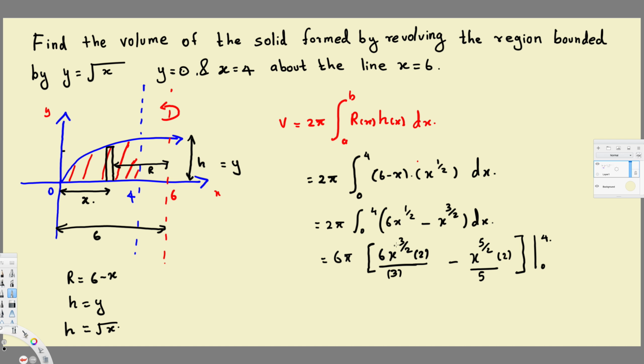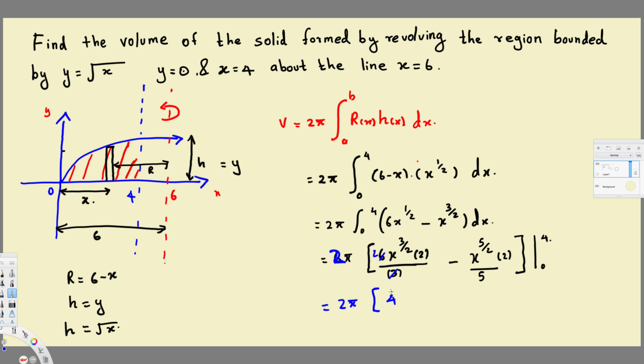Now let's plug the 4 and see what happens. So if I plug 4, this is actually 2 pi right here, 2 pi, and if I plug 4 for this one, let's simplify this one further. This is actually 3 times 2, right? 2 times 2, 4.